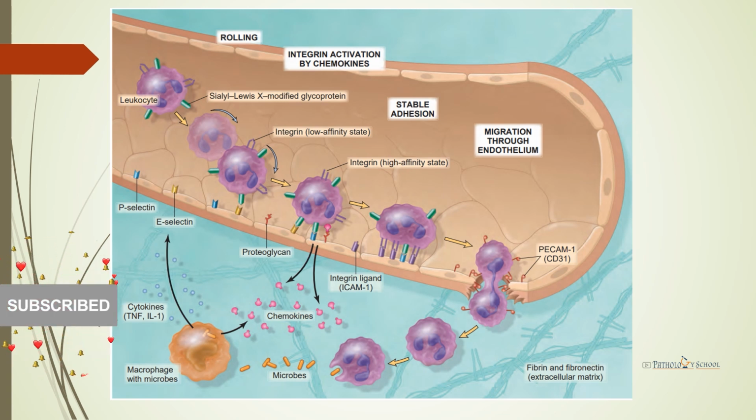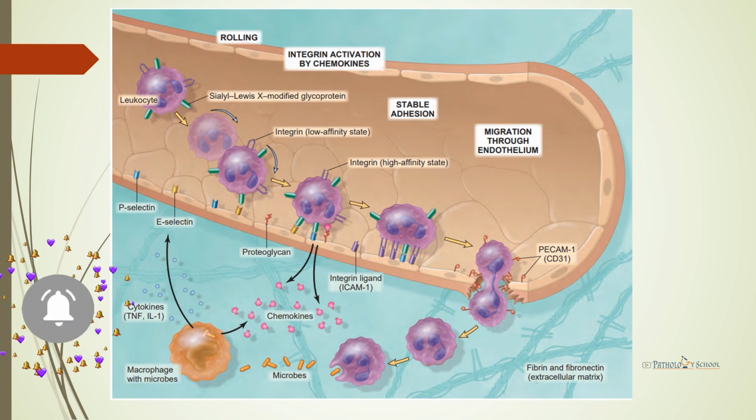After that, there is transmigration between the endothelial cells, which is with the help of PECAM, the platelet endothelial cell adhesion molecule 1. After that, they are extravasated into the tissues. There is a chemotactic stimulus, after which they are phagocytosed.